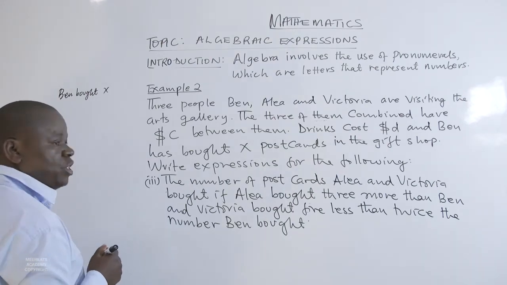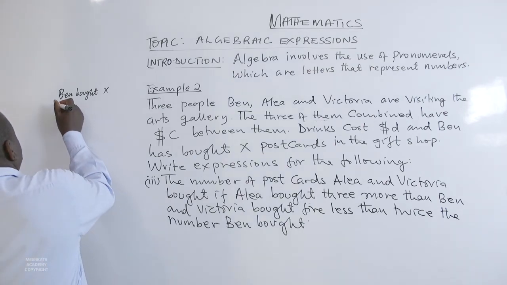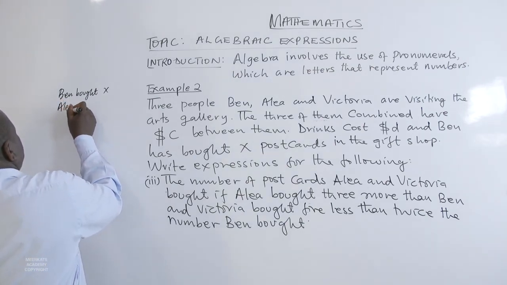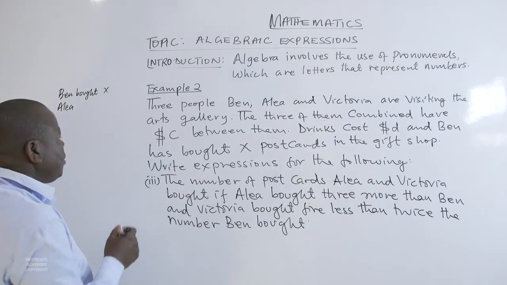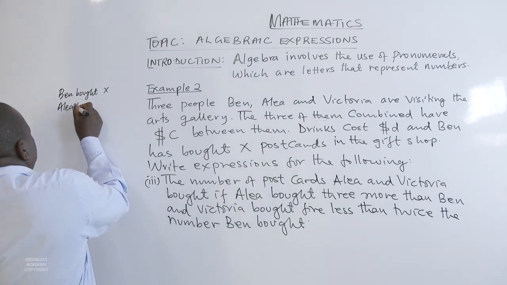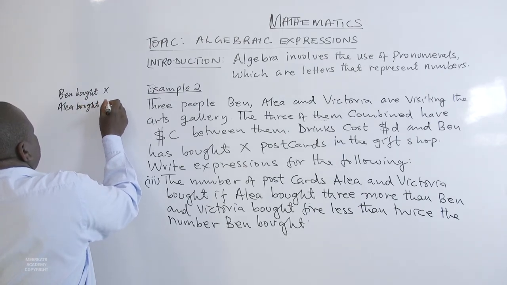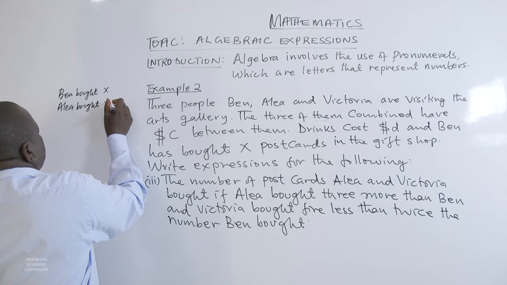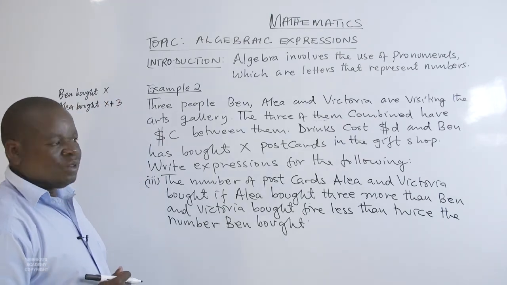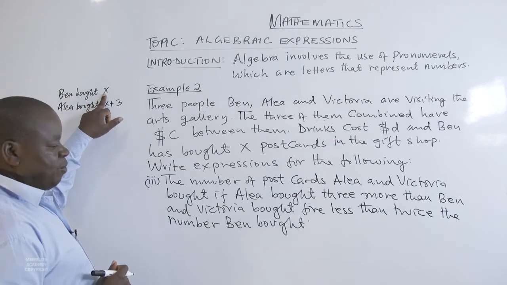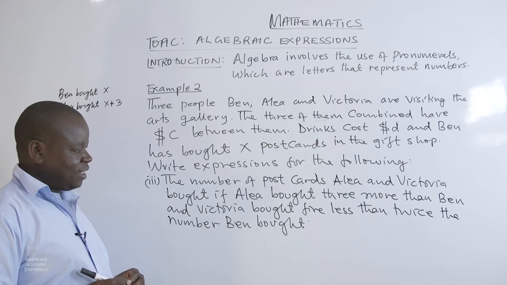Therefore, if Ben bought X, Alea will buy X plus 3. Ben started with X. Alea bought X plus 3.